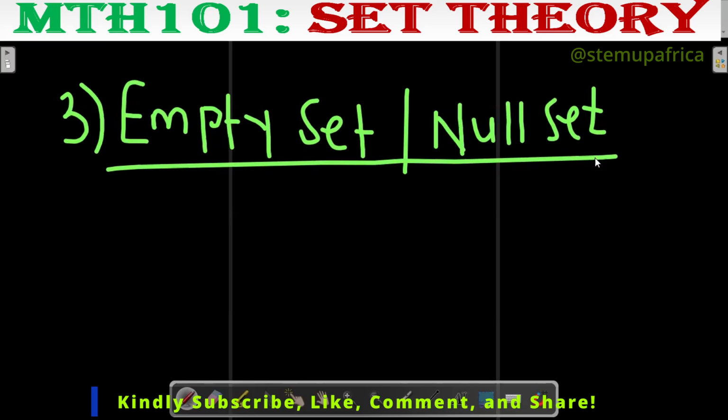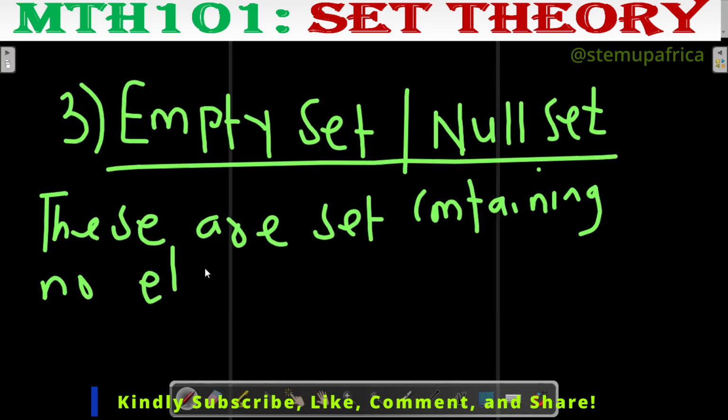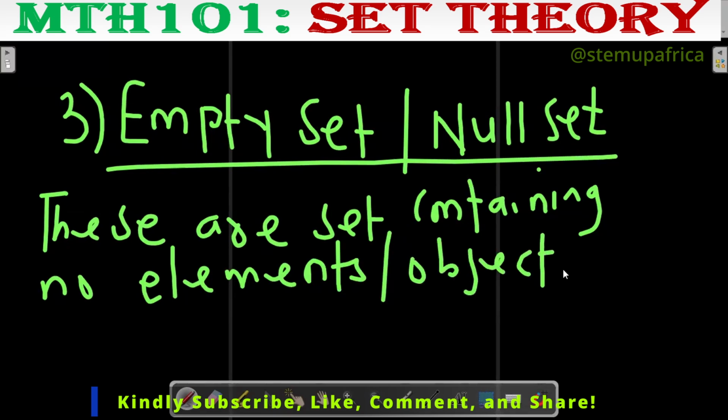So these are sets containing no element at all. They contain no elements or objects. I will call it a non-set.